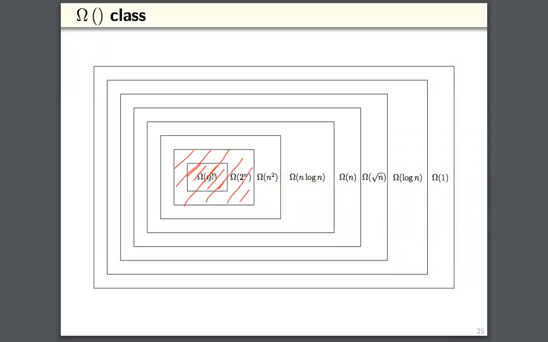That means omega of n factorial is a subset of omega of 2 power n. Omega of 2 power n is a subset of omega of n squared, and so on. So look at this subset relationship, right? Similarly, you can define infinite sets like this.